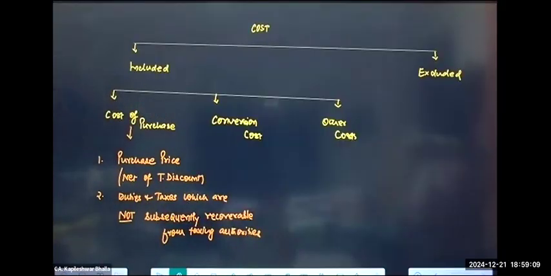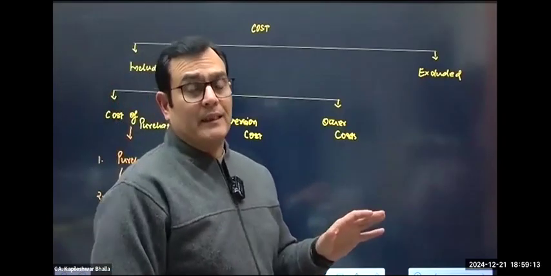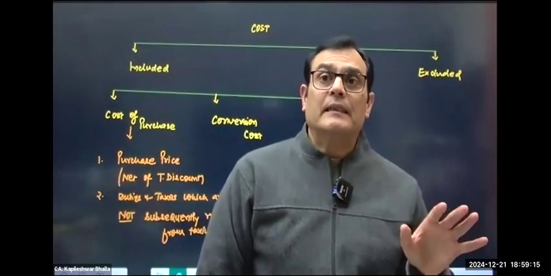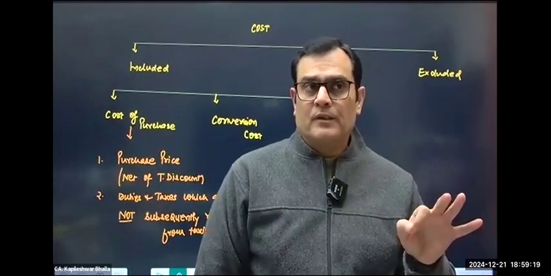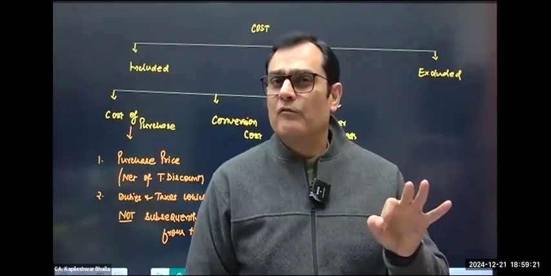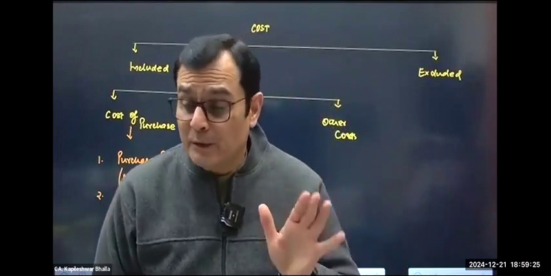For example, let's say you paid GST, like in India, and you will get a GST input credit. That means it is recoverable from the government. Are you going to include it in inventory if you get an input credit?